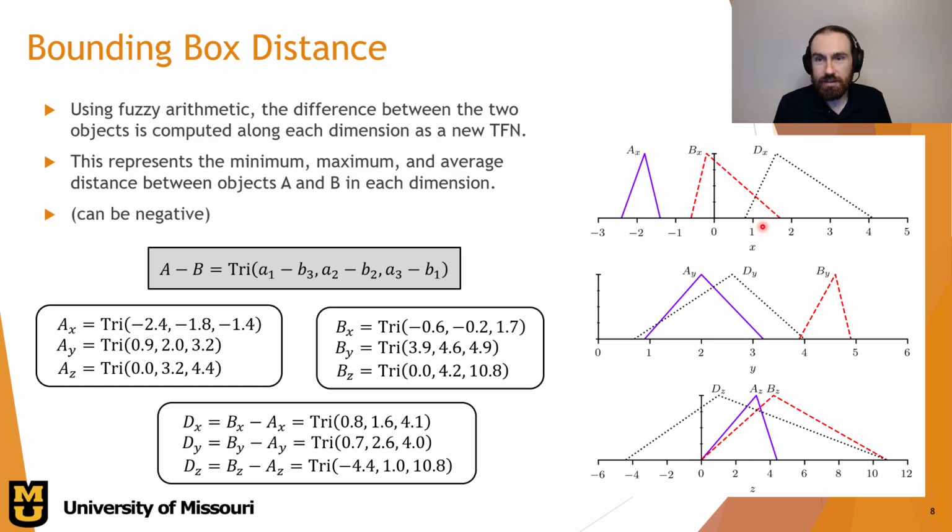If we subtract these two using fuzzy arithmetic, we get a new value that is the difference between A and B in the x dimension. And we can repeat that for x, y, and z and get three new triangular fuzzy numbers that represent the difference between these two objects in each dimension.